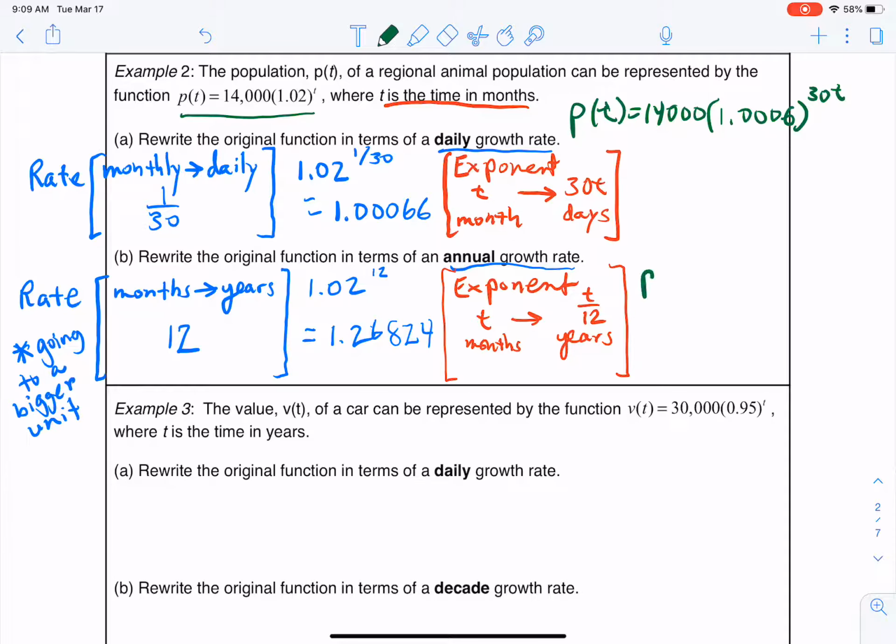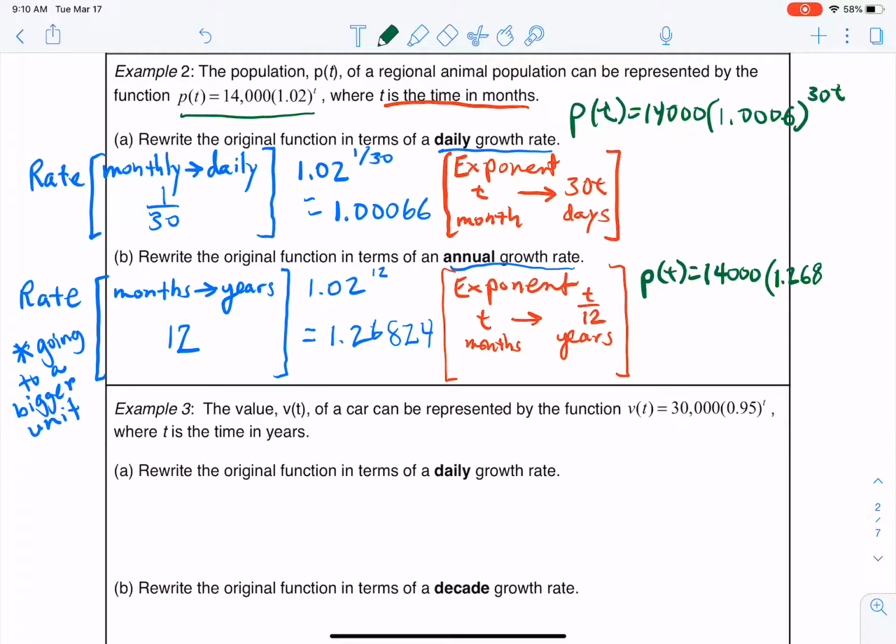So that's going to be P of t equals 14,000 times 1.26824 raised to the power of t. It changed to an eraser.